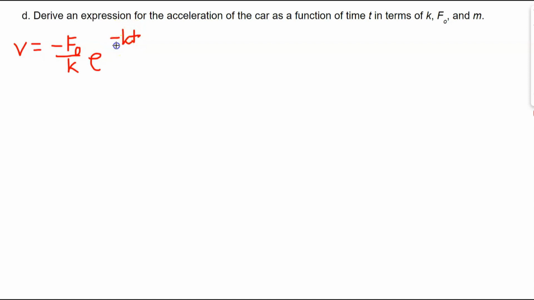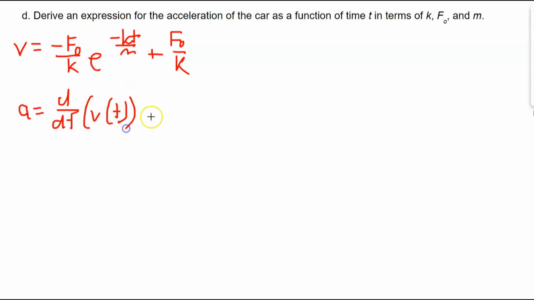Just bear with me for a minute. Alright, so acceleration as a function of time is just a derivative of the velocity function of time. So we're going to have to write out that a is equal to d dt of the velocity function of time.